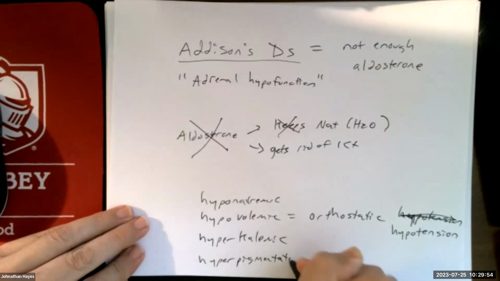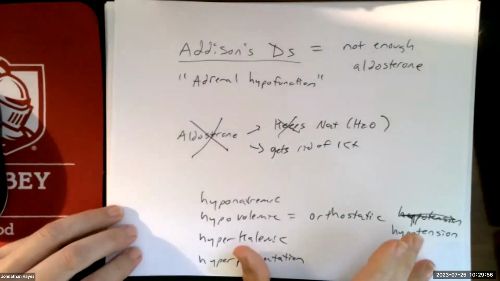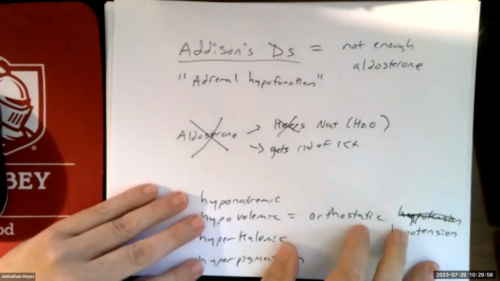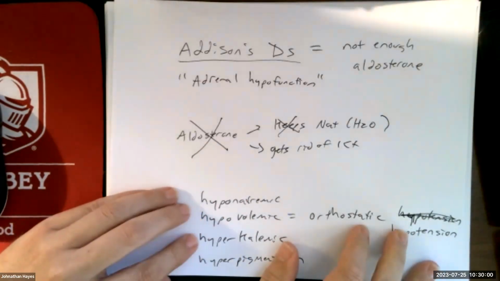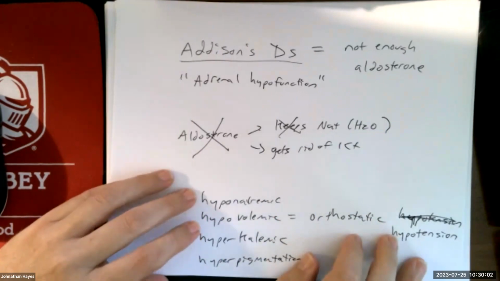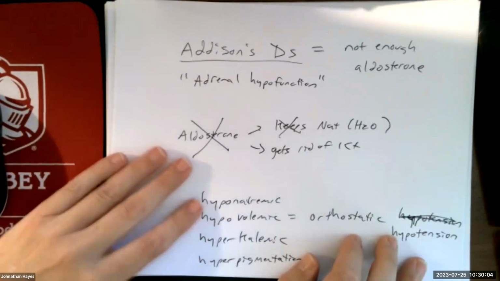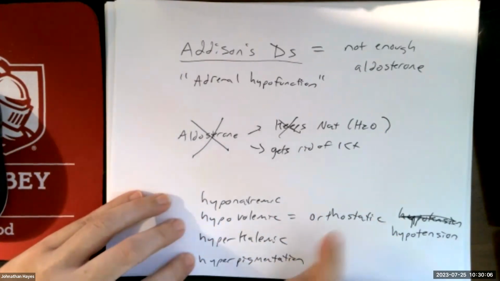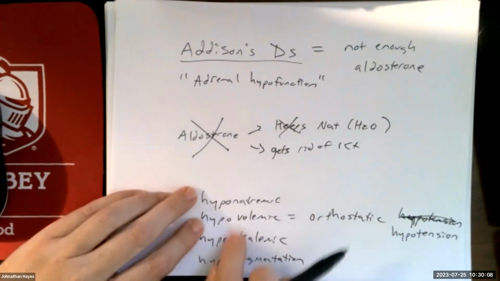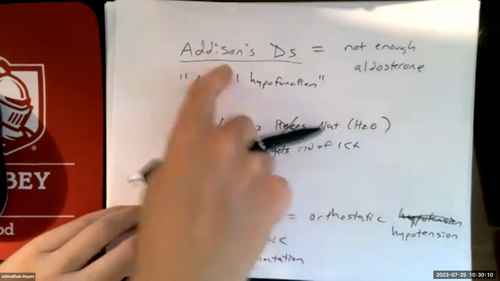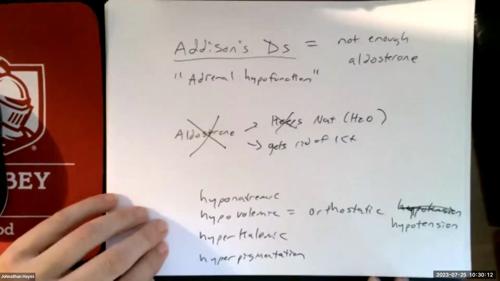So these are your key giveaway that we're dealing with Addison's disease. Not any one of these alone; hyperkalemia alone can't be Addison's disease, hyponatremia alone can't be Addison's disease. But if you put all these together, hyperpigmentation of the skin, orthostatic hypotension, electrolyte imbalances, fluid imbalance, absolutely, that's Addison's. No doubt about it.